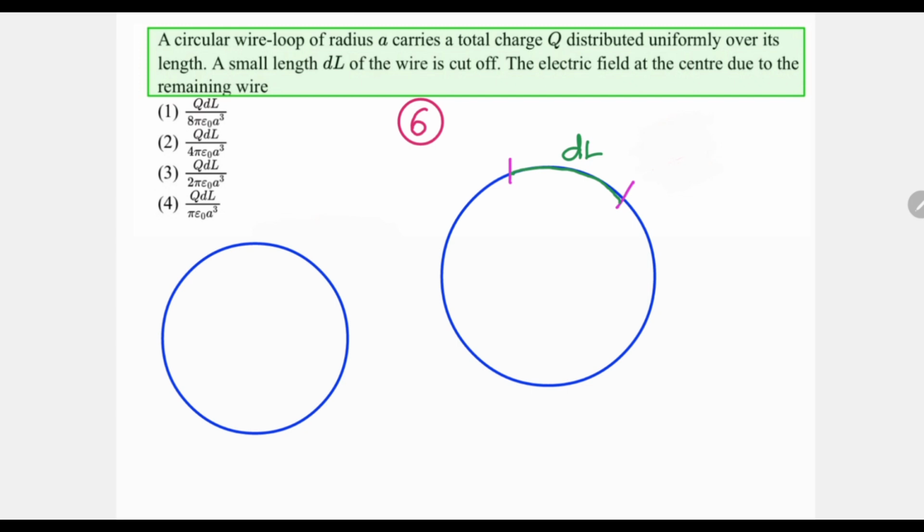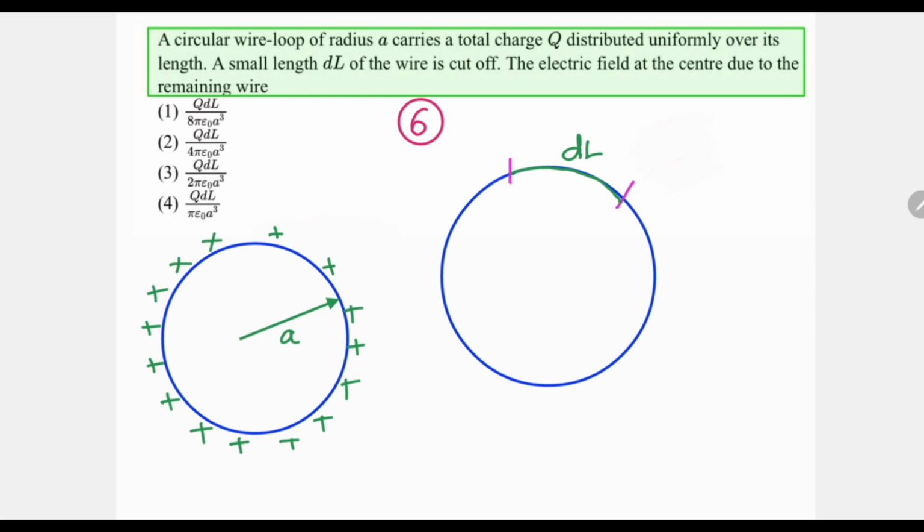That is the main point given in the question. The radius is A. So charge is uniformly distributed means at each and every point charge density will be the same.